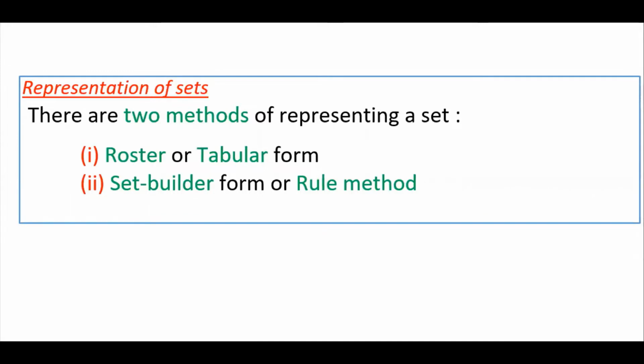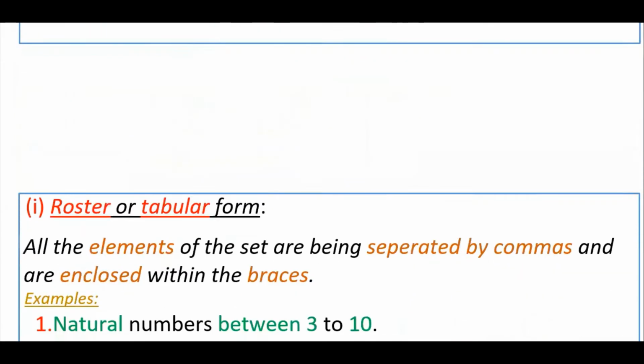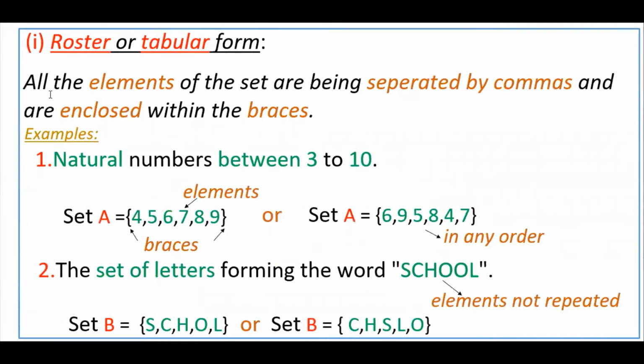Now I am going to tell how to represent sets by using these methods. The first one is roster or tabular form, and the second one is set builder form or rule method. In the first method, roster or tabular form, all the elements of the set are separated by commas and enclosed within braces. For example, natural numbers between 3 and 10.